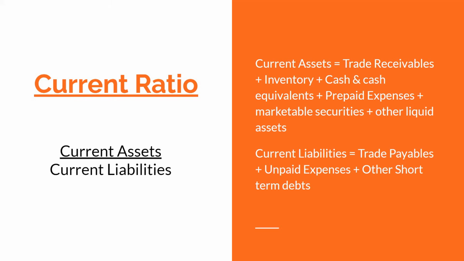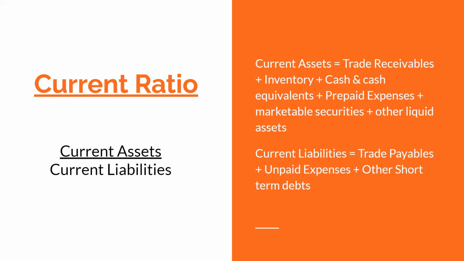You include your cash and cash equivalents, prepaid expenses, marketable securities that you can sell immediately, and any other short-term liquid assets. Those are included in your current assets and added together. Then there are current liabilities.